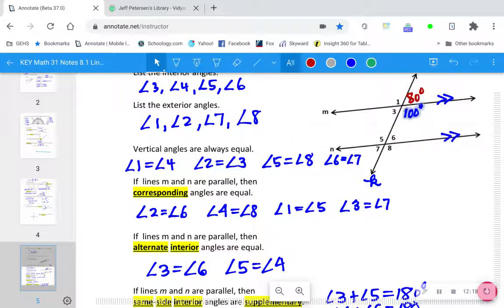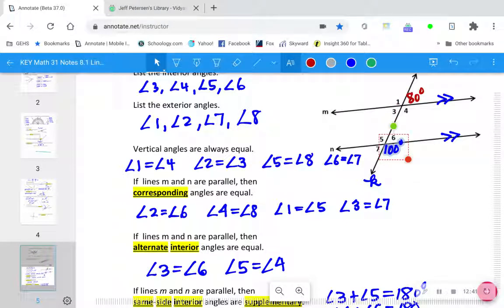Then that 100 degrees would equal this 100 degrees because these are on the alternate sides of the transversal. These are alternate interior angles. And that angle 4 up there, the 100 degree angle, would equal this one because they're both corresponding. They're in the bottom right corner of their intersections.